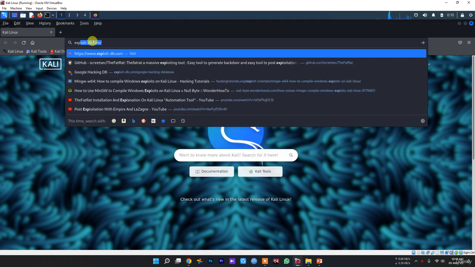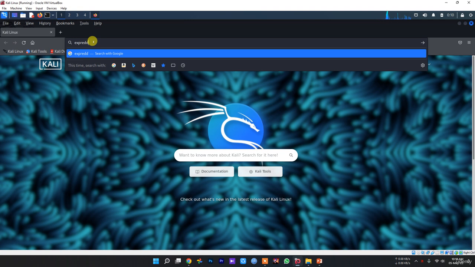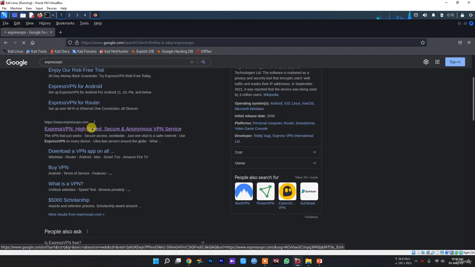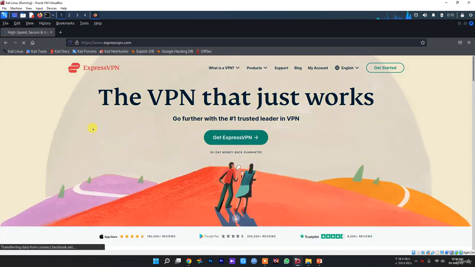So this is the best anonymous VPN, highly private and packed with features, with a zero logs policy, stealth servers, and also a 30-day money back guarantee.